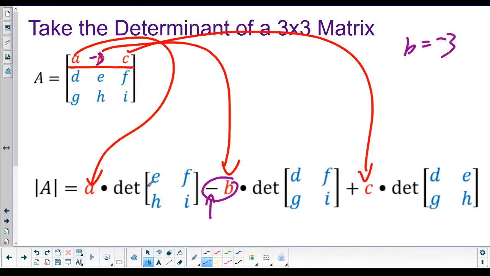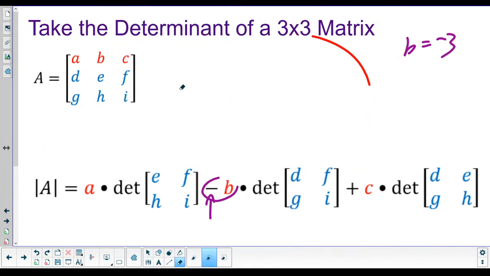Then we take the determinants of the things that aren't blocked off by those letters. So for this first one, our determinant is EFHI. We've already seen you block off everything that lines up with A, vertically and horizontally, and that's the determinant of the stuff that's left. For B, it's the exact same thing.